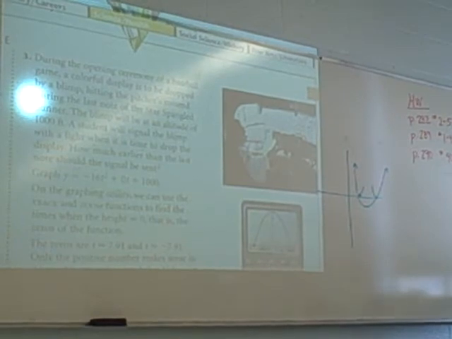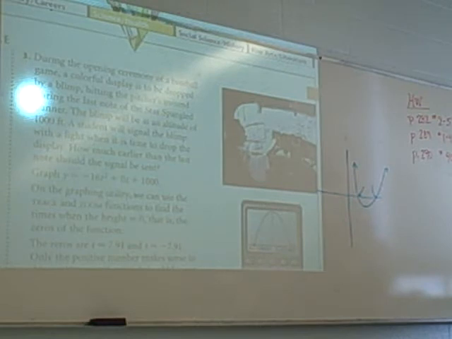All right, this is on page 343 in your textbook. The picture isn't very good here. During the opening ceremony of a baseball game, a colorful display is to be dropped by a blimp, hitting the pitcher's mound during the last note of the Star-Spangled Banner. The blimp will be at an altitude of 1,000 feet. I hope we're thinking altitude.